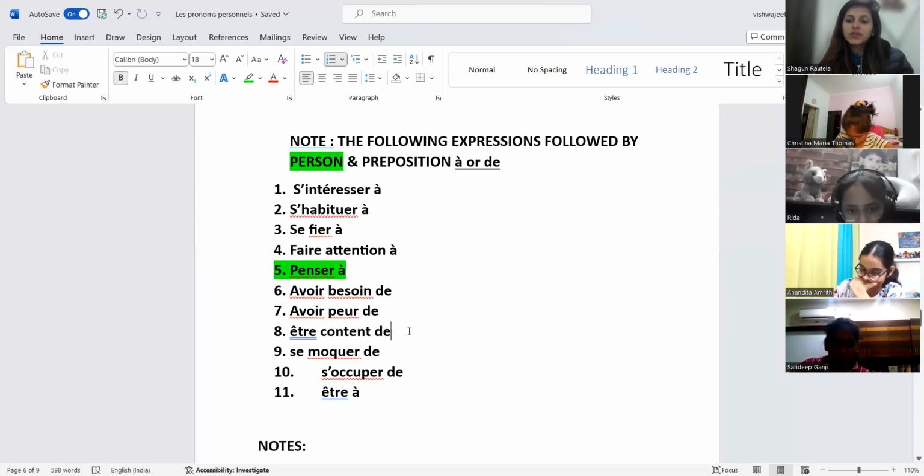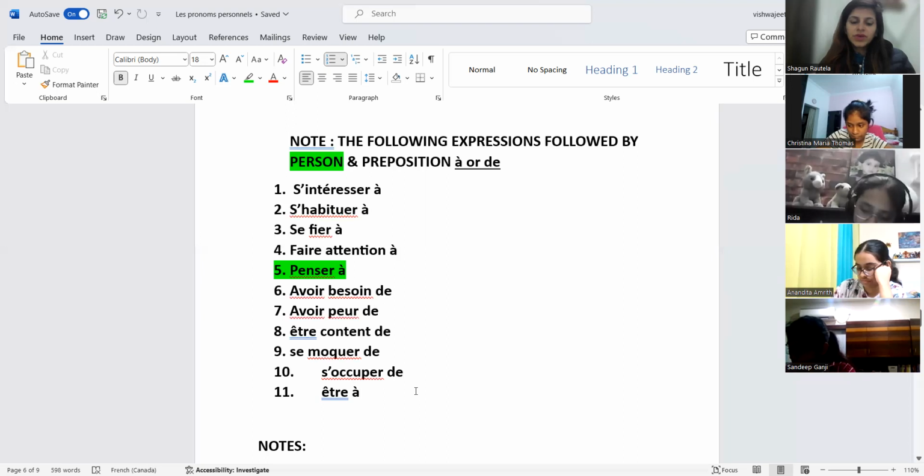Être content de, to be happy, or to be content. Happy. Se moquer, to make fun of. Make fun of. S'occuper de, to be busy with something. Occupé as an adjective is busy, but here as a verb it is to take care. To take care of. Okay.